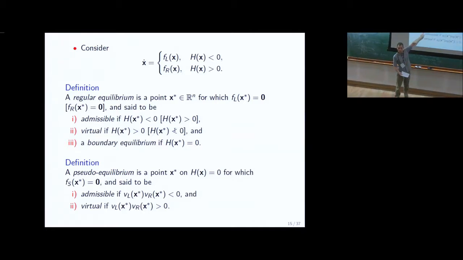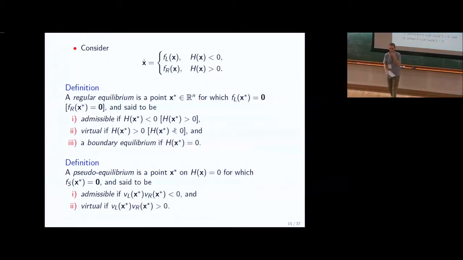When you write out your equation for the sliding vector field, it is possible to have this case, because you blindly solve this equation and you end up with some number, and it could happen that the number lies in a crossing region, just in the same way that a regular equilibrium could be virtual.